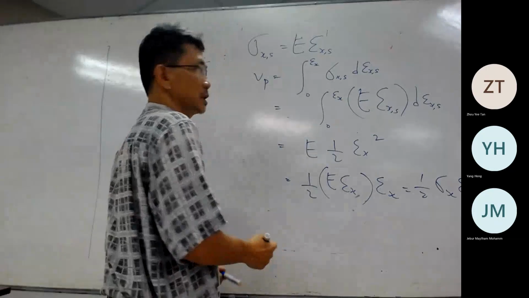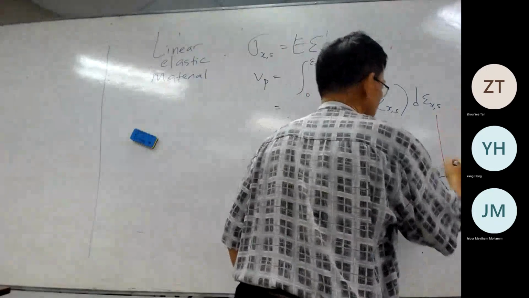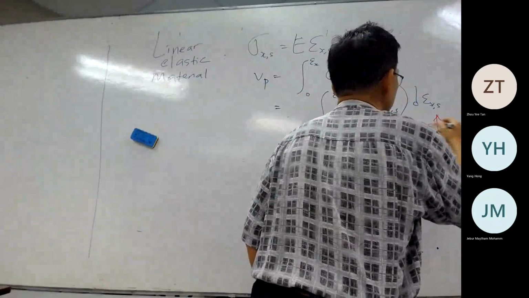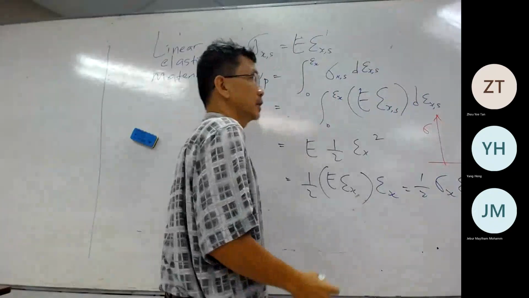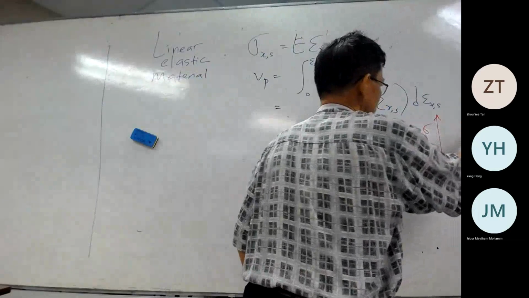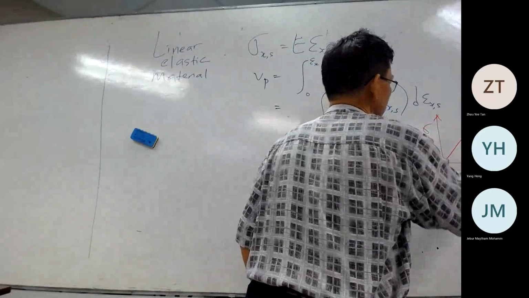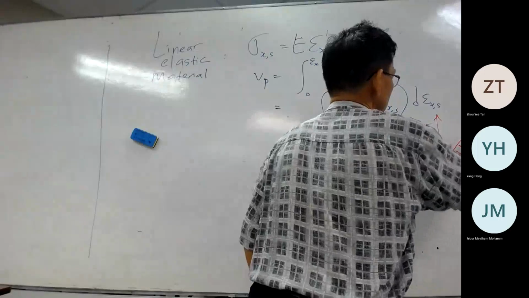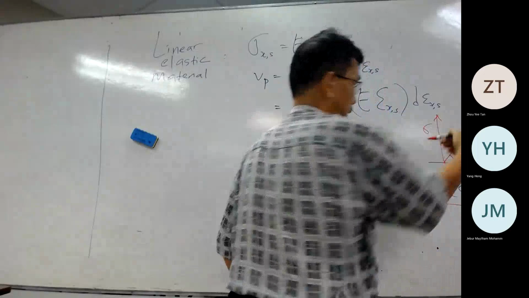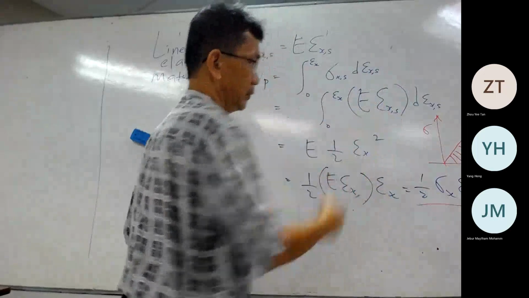So strain energy density is the area under the stress-strain curve. For a linear elastic material, you have a straight line here, so this is actually the area of this triangle.